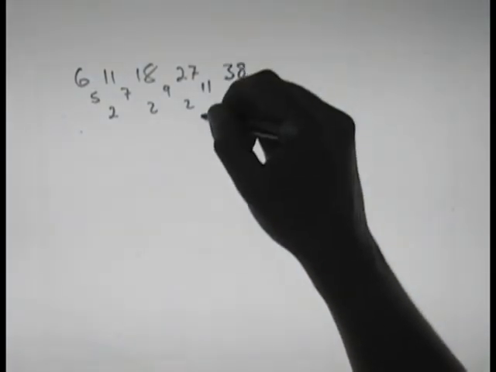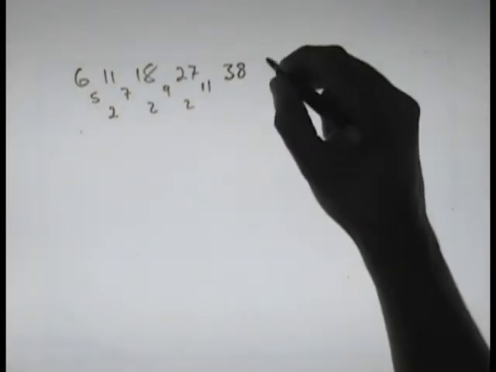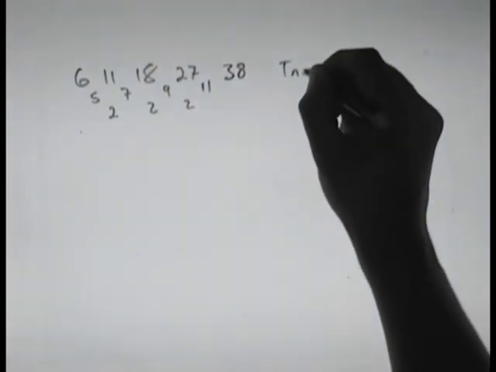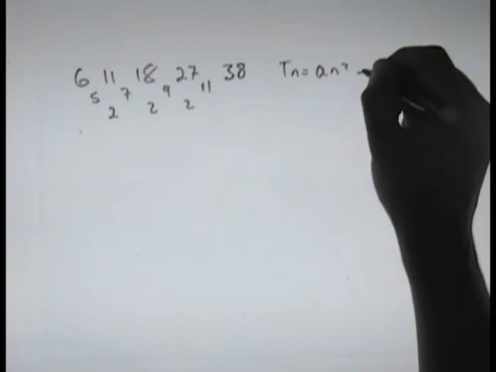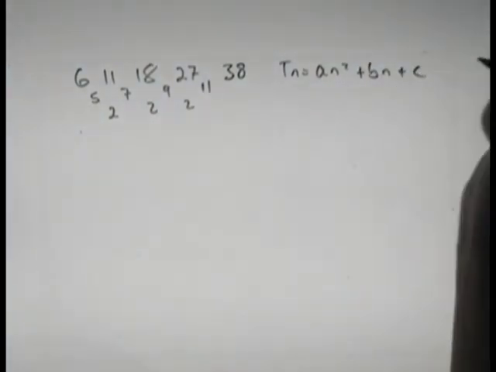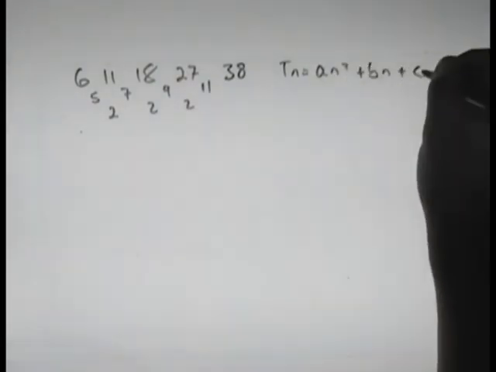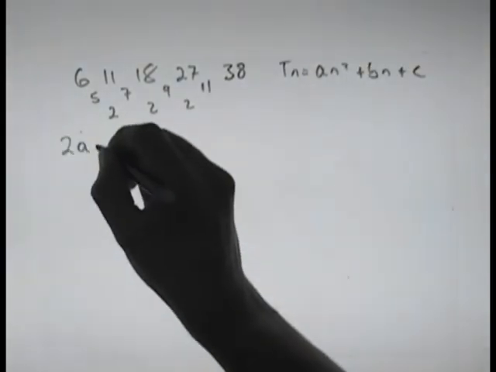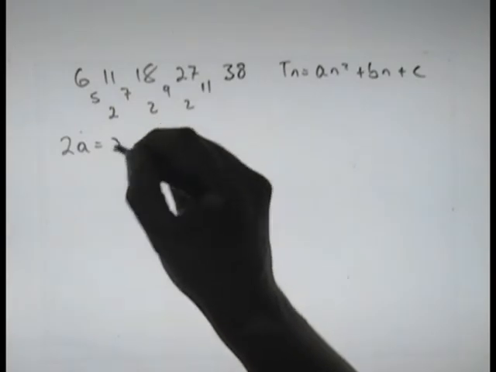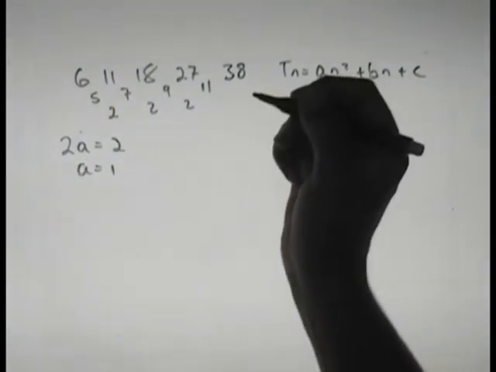Alright, that means that my second difference is 2. I'm trying to get it in the form Tn is equal to an squared plus bn plus c. I know that my second difference is equal to 2. That means that a is equal to 1.